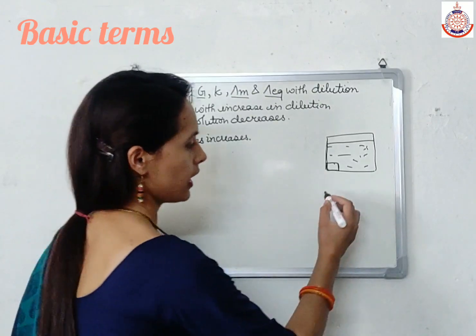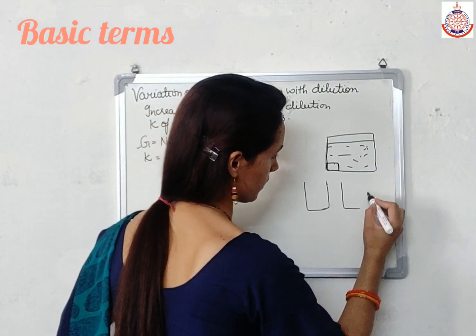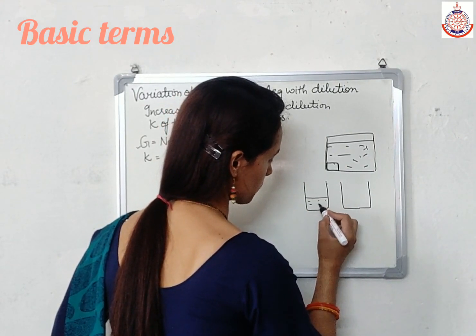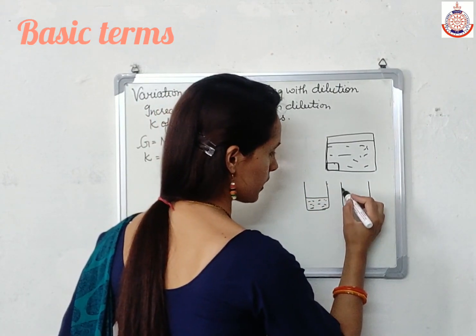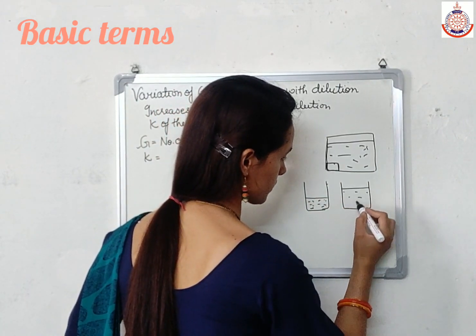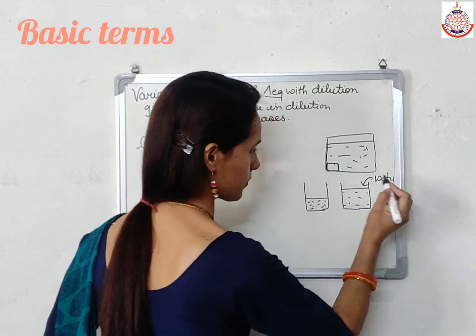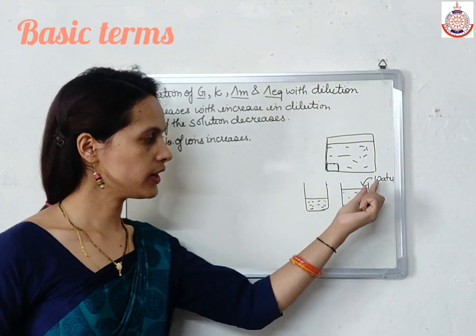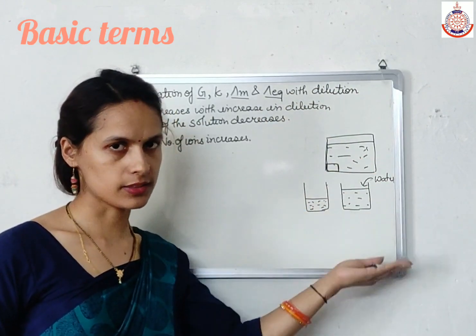Now suppose here I have 2 beakers. Initially I have this much amount of solution. Now when I add water, the solution level becomes this. Clear? Initially the solution level is this, but when I add water, means on dilution, the solution becomes this much.